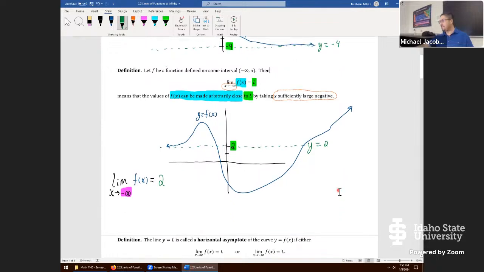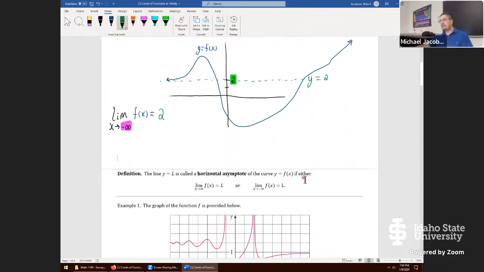Well, after we have limits, next thing we'd like to do is calculate some more of them. And because this is a first class, some of these problems are really just graphically. Here it says the line y = L is called a horizontal asymptote of the curve y = f of x if either one of these limits exist.